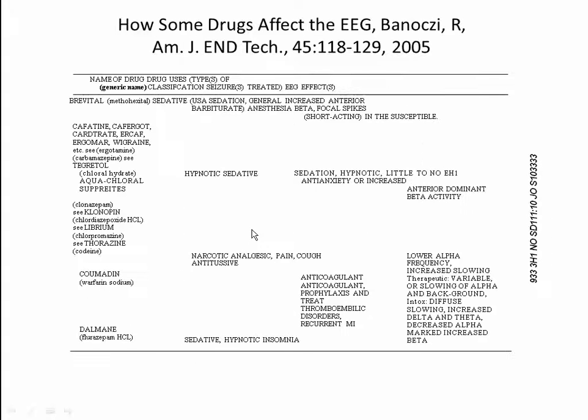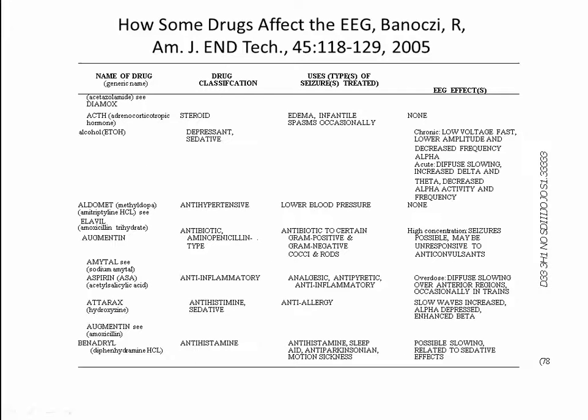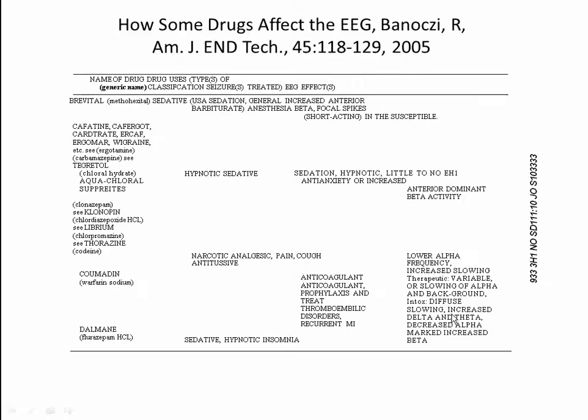Let's see if there's any of these other ones that we really want to look at that we haven't looked at. Benadryl, for example, the antihistamine category, seems to slow down the EEG. It has a sedating effect in many cases. We see that in this as well. Here we have Tegretol, a hypnotic sedative, which has a sedative hypnotic effect.